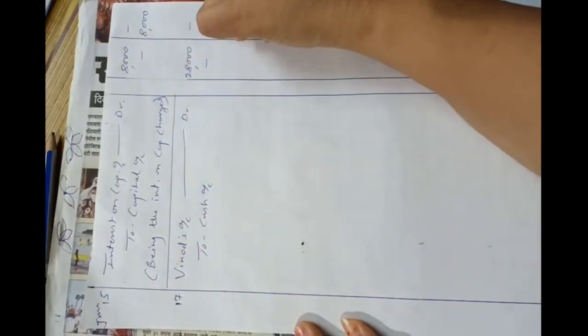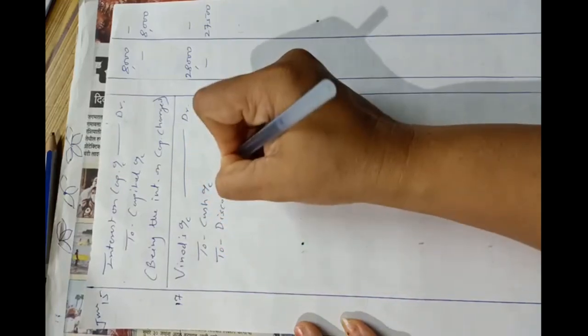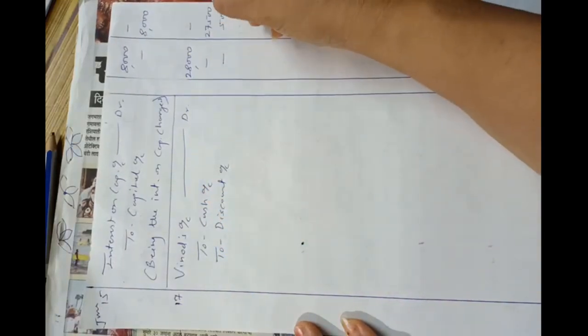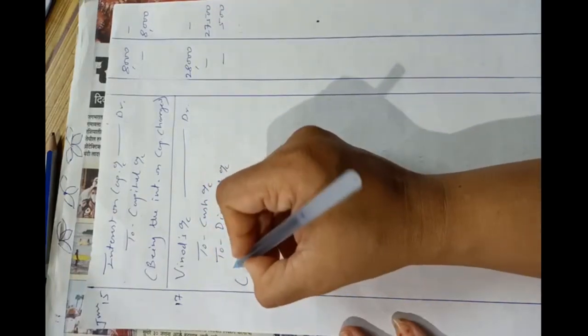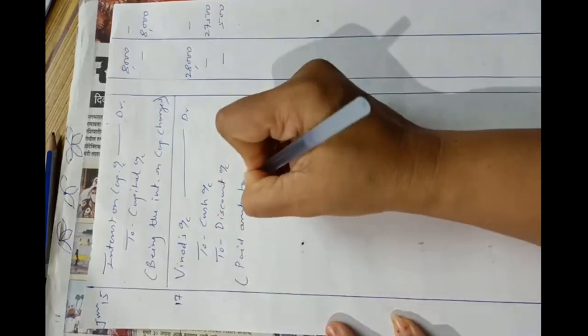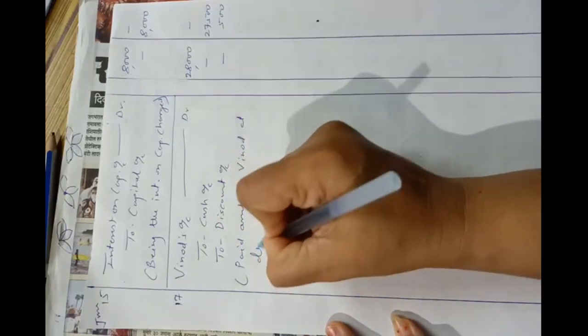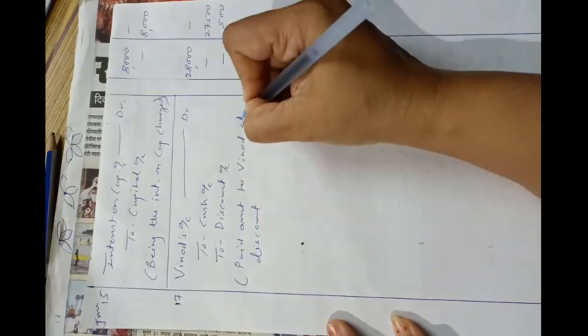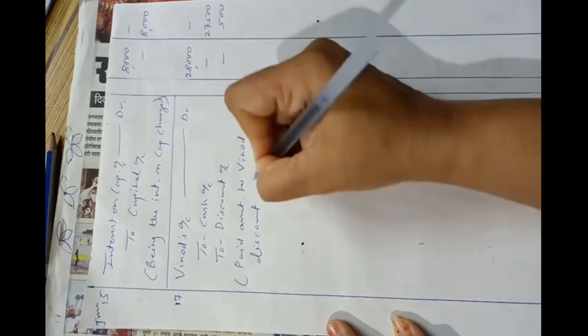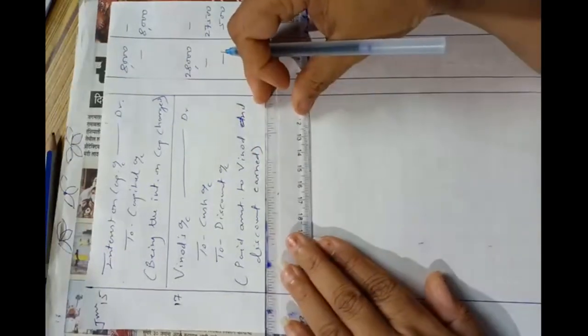We are paying cash rupees 27,500 and so we have earned discount of rupees 500. So narration will be paid amount to Vinod at discount, and discount earned. You can say and discount earned or discount received. Okay.